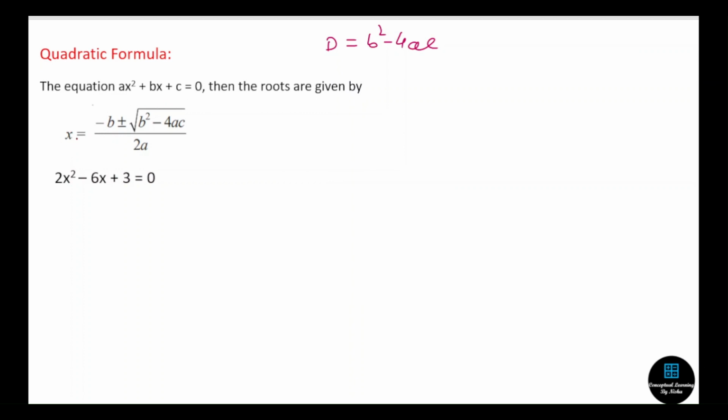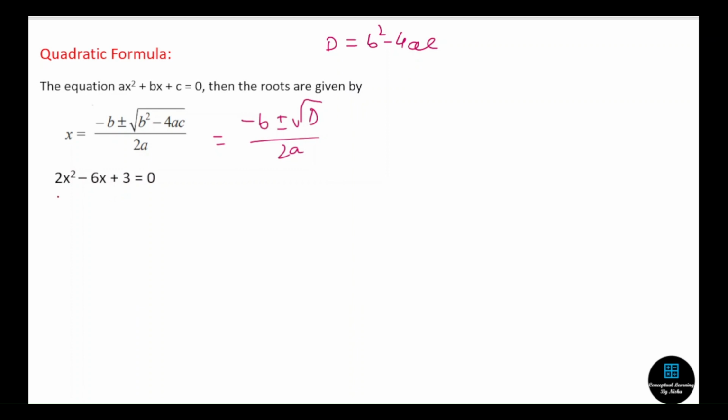The solution of the quadratic equation ax square plus bx plus c equals 0 is given by minus b plus or minus square root of discriminant upon 2a. Alright, now here one example is given. We'll solve using this quadratic formula.